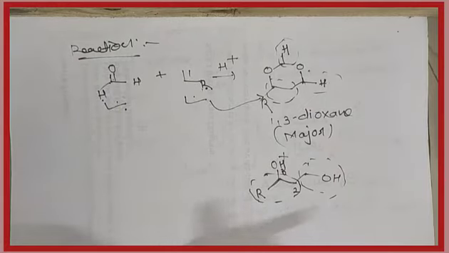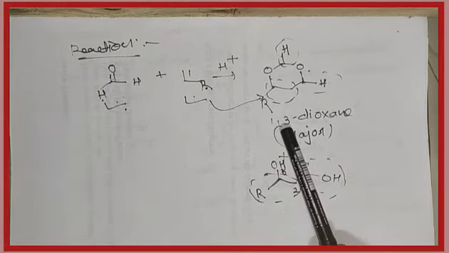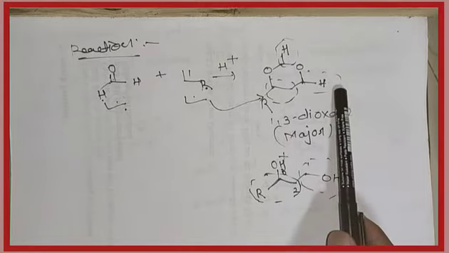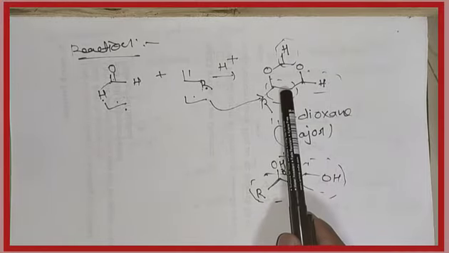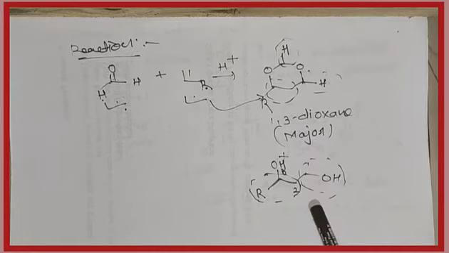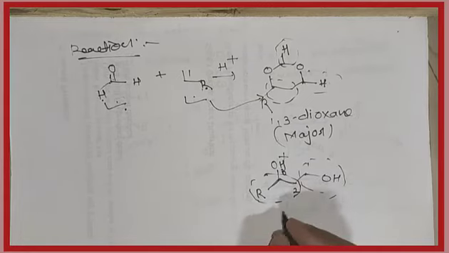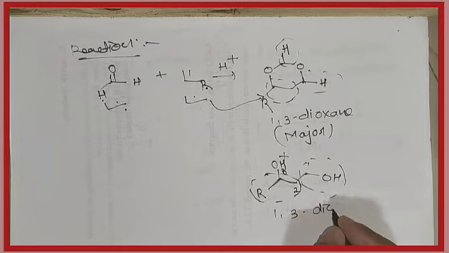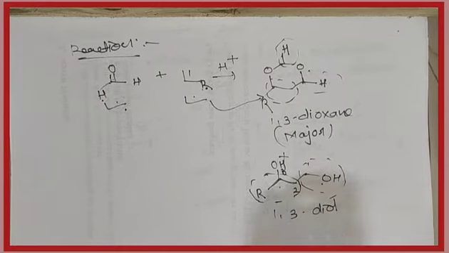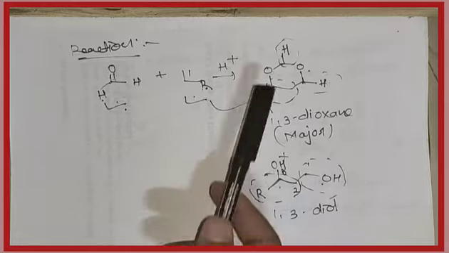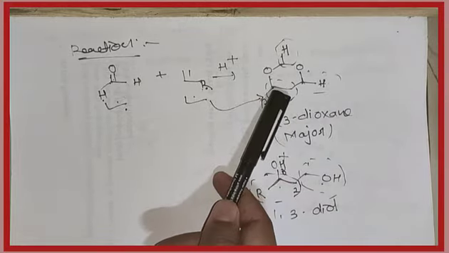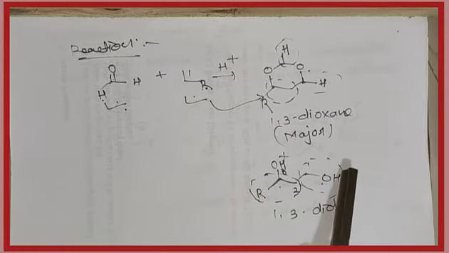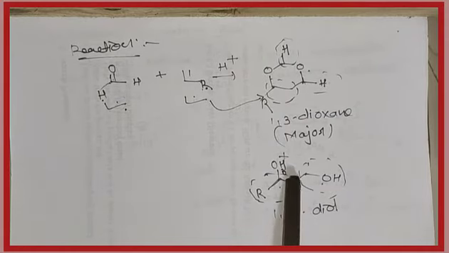In short, in the case of 1,3-dioxane type material, two carbonyl compounds are added and one alkene is used, while in the case of 1,3-diol, the minor product, one aldehyde and one alkene is used. So it is easy to memorize that these two parts come from the aldehyde or ketone, and this part comes from the alkene. Clear? So it is used when you are dealing with the application part.